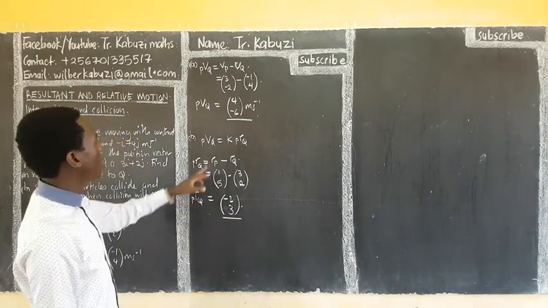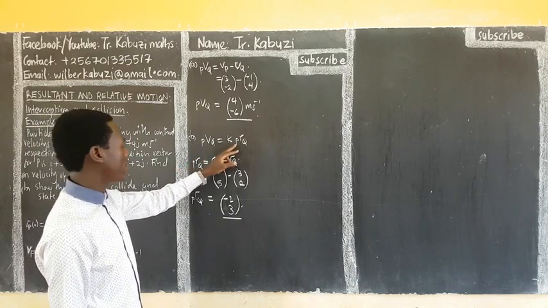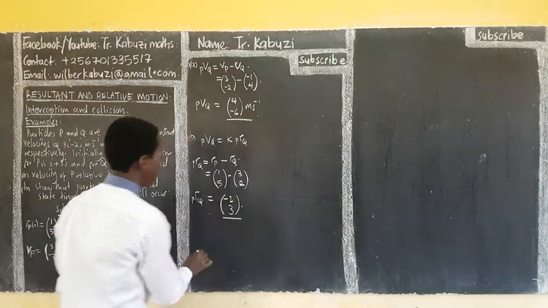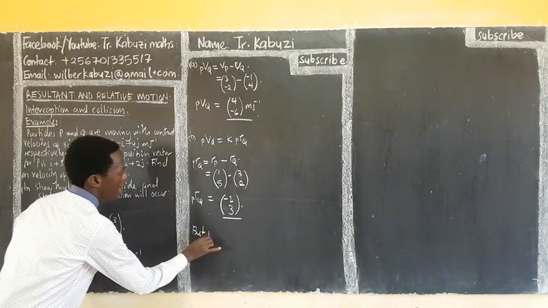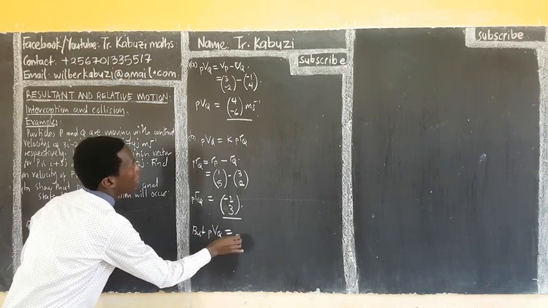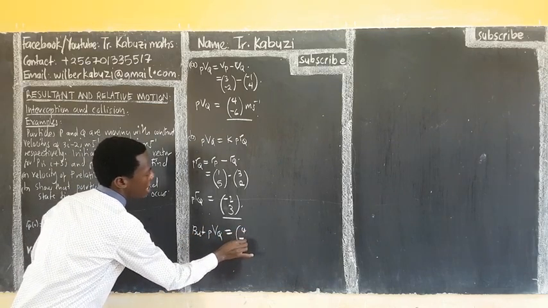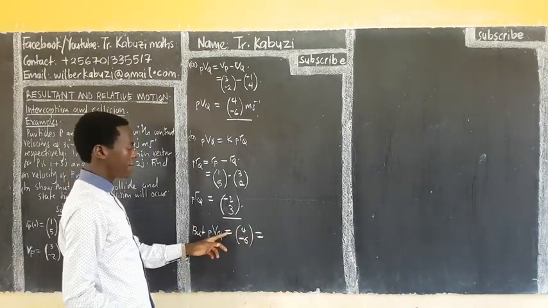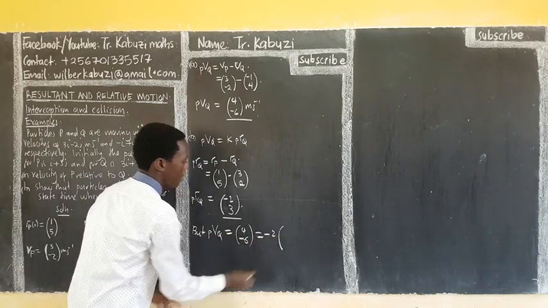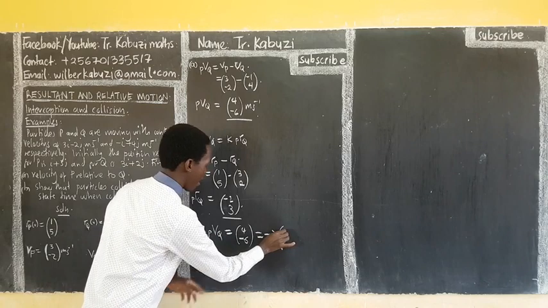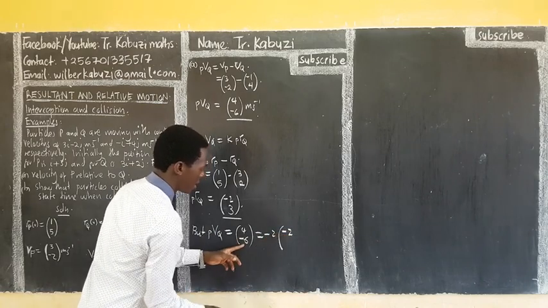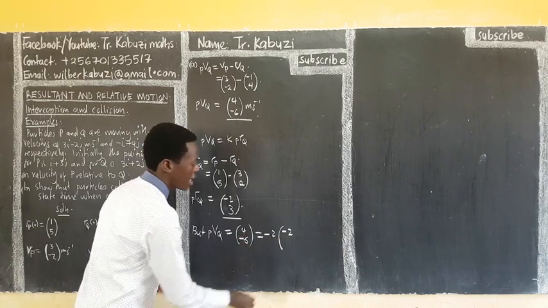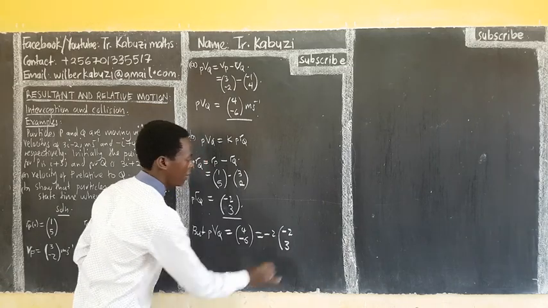Now, what do we see? We need to show that this one is parallel to this. The velocity of P relative to Q was 4, negative 6. You see this is negative, so if I factorize out negative 2, and divide this by negative 2, and this by negative 2, it will be a positive 3.